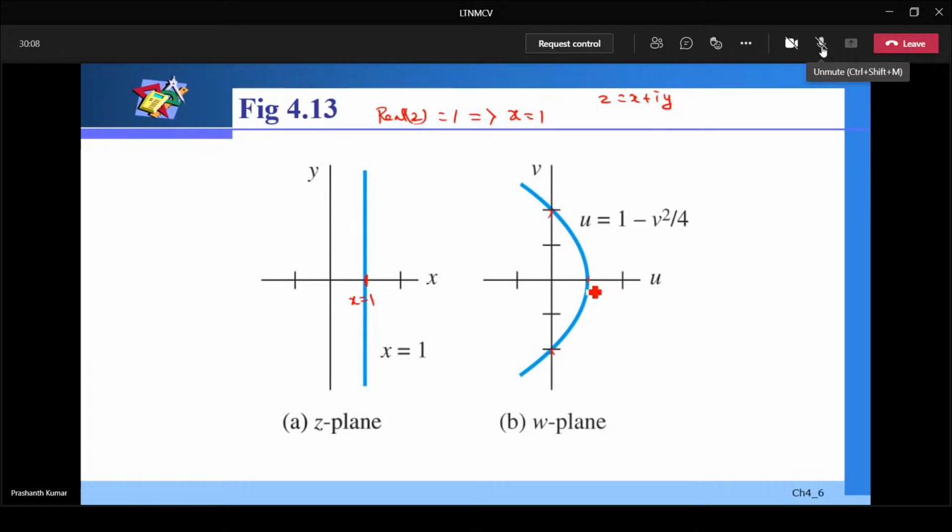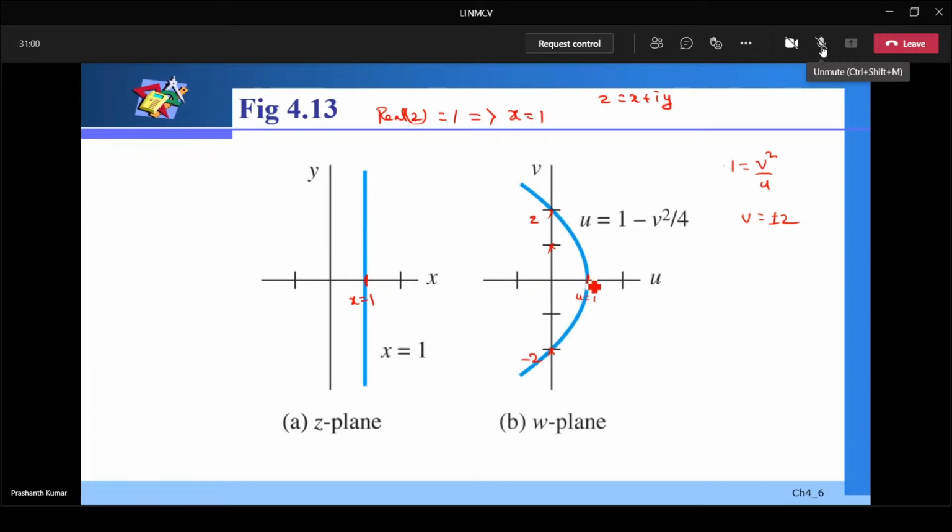అప్పుడు ఏమవుతుంది, ఈ పాయింట్ ఇది 1, ఇక్కడ 1, u is equal to 1, v is equal to 0. సో ఒకవేళ u is equal to 0 అంటే ఆన్ ద v యాక్సిస్ u is equal to 0 అయితే ఏమవుతుంది చూడండి, 1 is equal to v square by 4, అంతే కదా, v is equal to ప్లస్ ఆర్ మైనస్ 2.